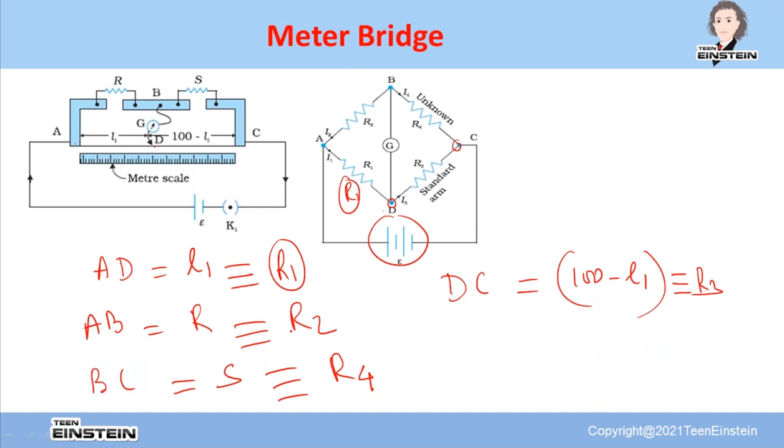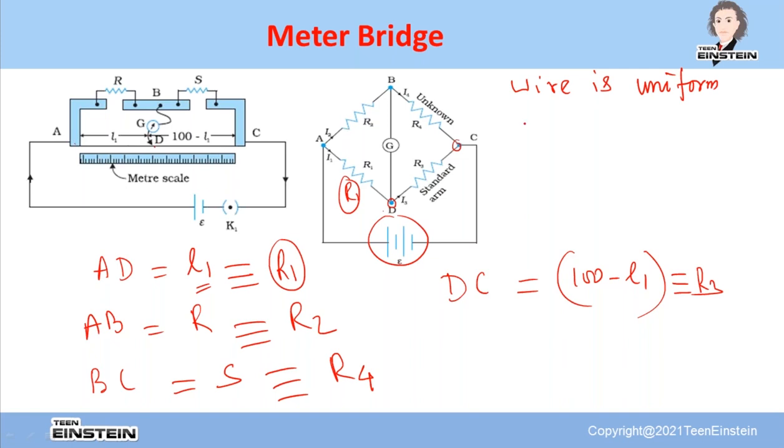Now look, what I'll do. Suppose, since this wire is uniform, that means it has uniform resistance. So I can just take a constant for that.